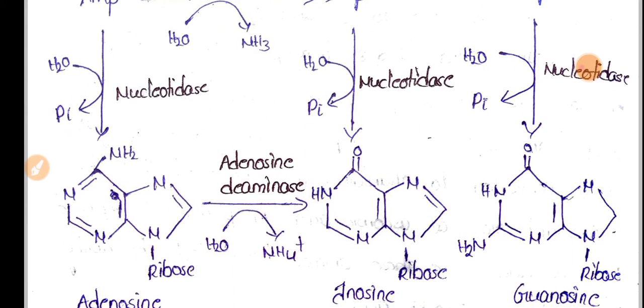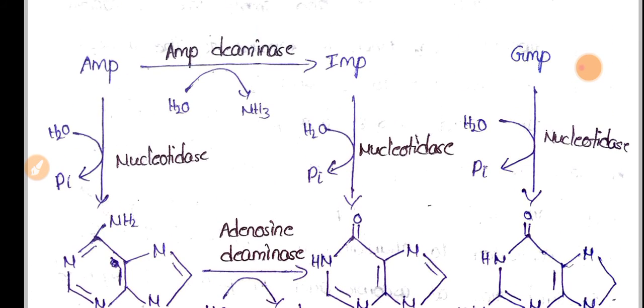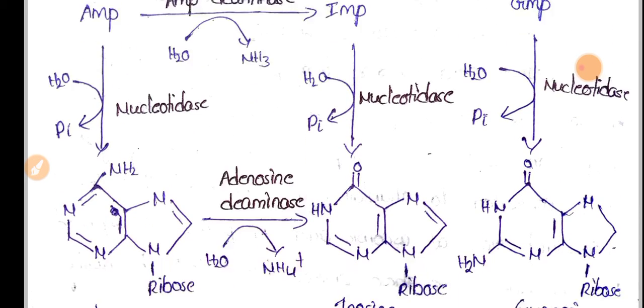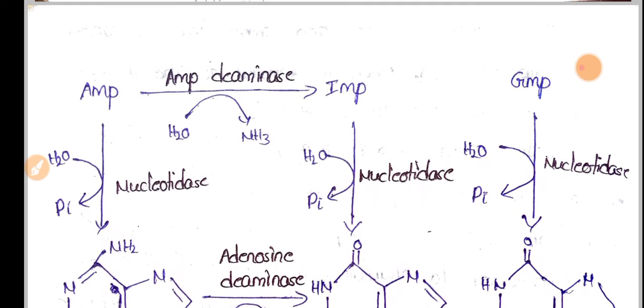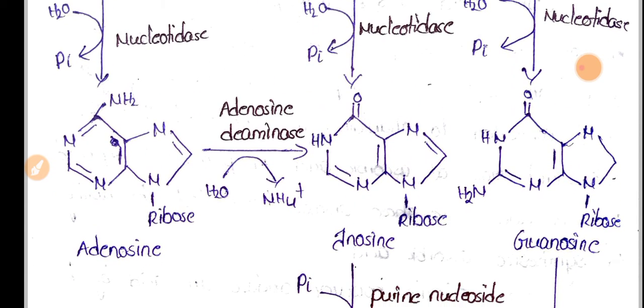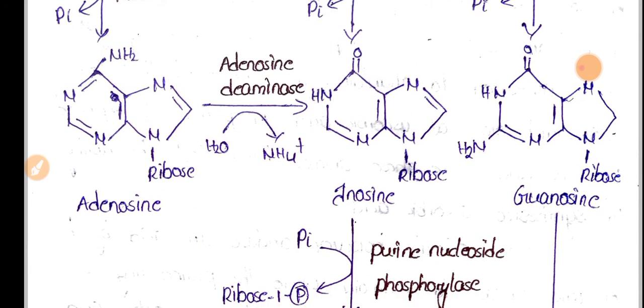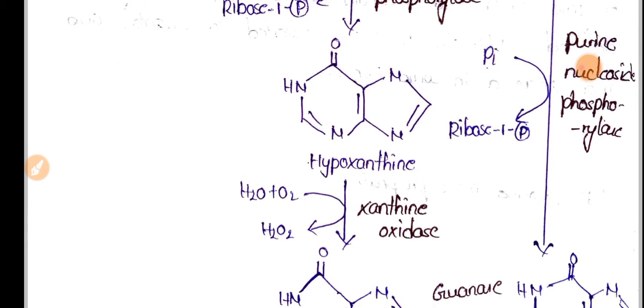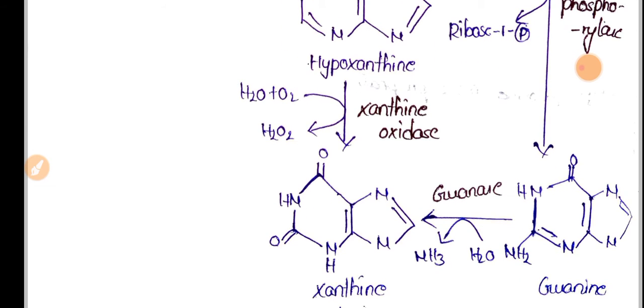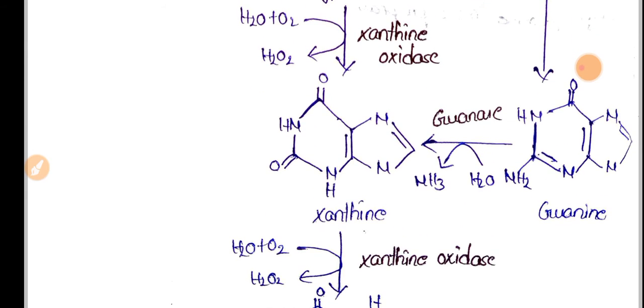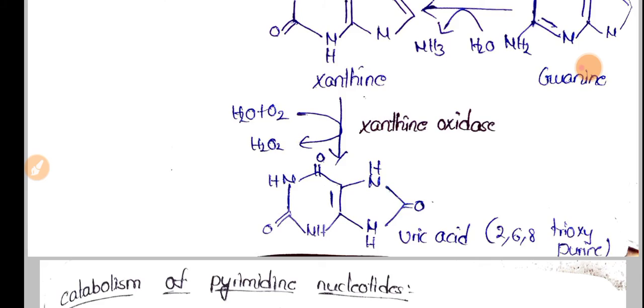So if you see this, AMP is converted into adenosine, IMP is converted into inosine, GMP is converted into guanosine, and again inosine is converted into hypoxanthine, hypoxanthine is converted into xanthine, and xanthine is converted into uric acid.